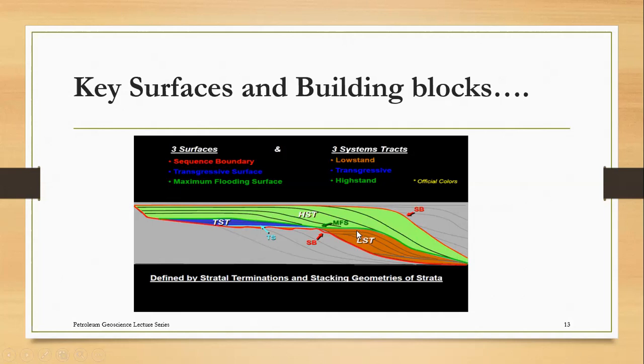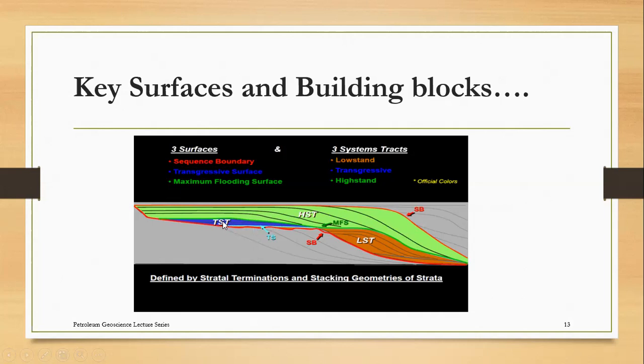So within it, we also have a transgressive surface. That's it. And internally, the building blocks will have an LST. Looking at it diagrammatically, LST will form, like I said initially, when you have the sea level falling to the lowest point, right? And then you have your transgressive system.